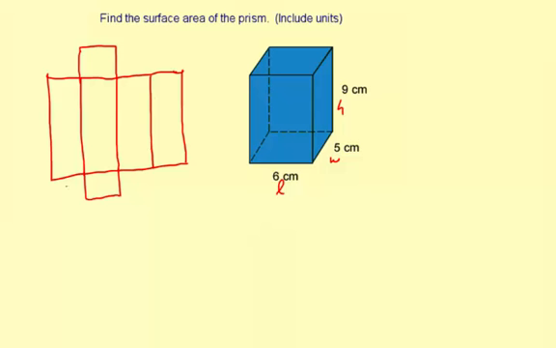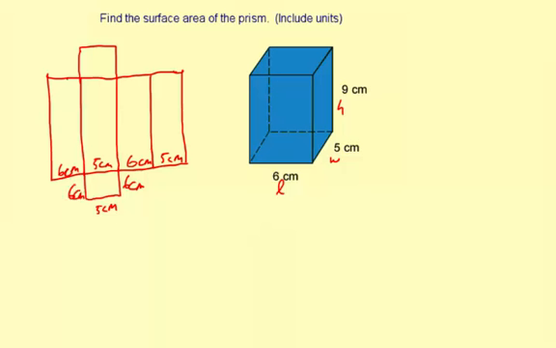Okay, now let's put some measurements here. Now, if this one is going to be, say, 6 centimeters, then this next one will be 5 centimeters, then 6 centimeters, then 5 centimeters. And I'm talking about this measure going across the bottom. And what about the base here? Well, you'd have to have 5 centimeters here. And then this measure would actually be the same as this measure here. So it would be 6 centimeters, and then 6 centimeters.